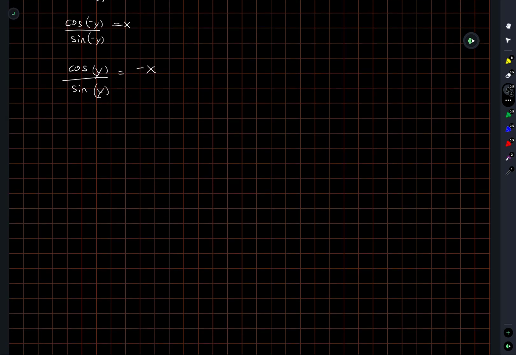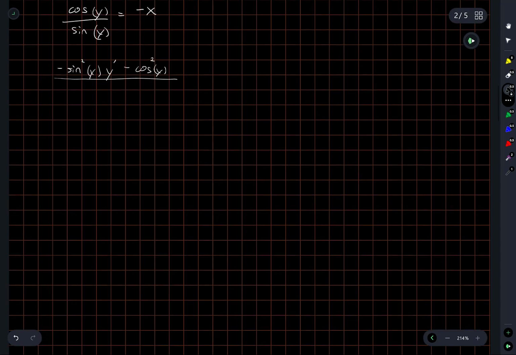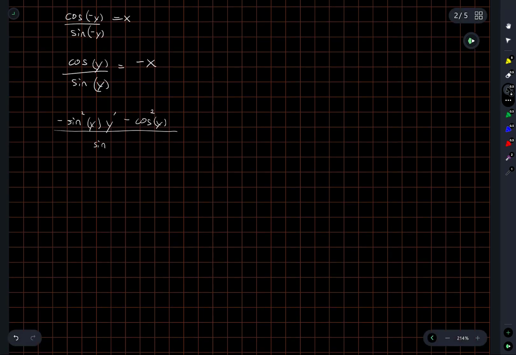Okay, now let's differentiate. Derivative of cosine is negative sine. By quotient rule, we multiply by the denominator, and I also need the derivative of y here. Now I subtract the derivative of the denominator, which is cos y, multiply by the numerator, which is also cos y, and divide by sine squared y. I'm missing a y prime here as well. Derivative of the right-hand side is just negative 1.